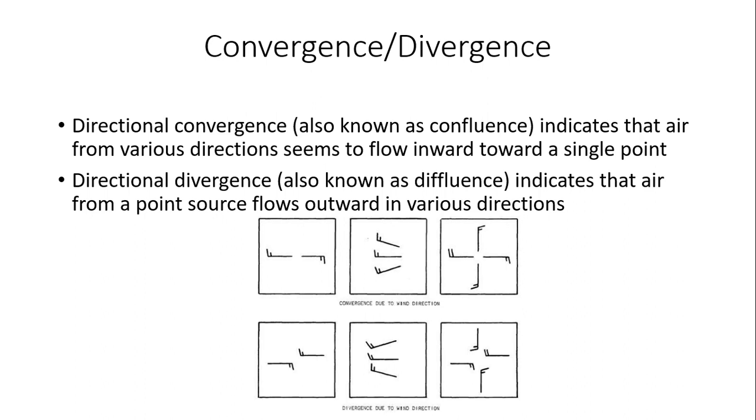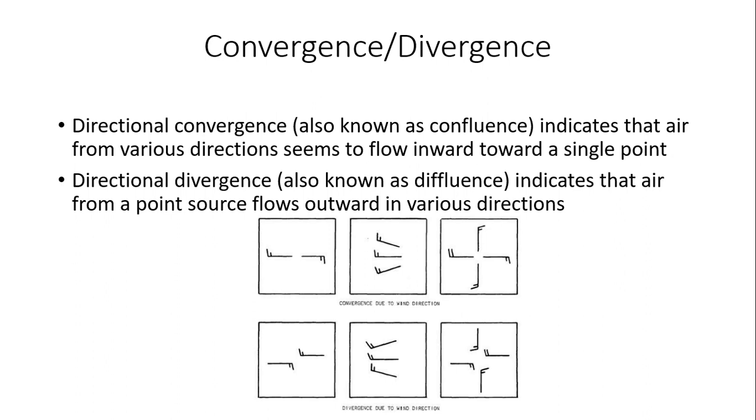When we talk about directional convergence, this is also known as confluence. This typically occurs in the upper atmosphere on those upper level charts when two height contours funnel or get closer together. The wind is coming together at a point. Air from various directions seems to flow inward towards that single point.